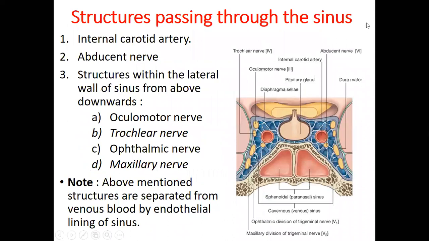So what are the structures passing through the cavernous sinus? This cut section is the internal carotid artery.